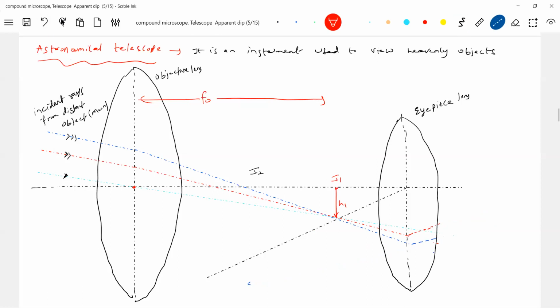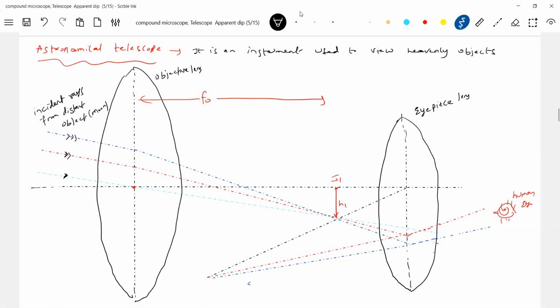Let me adjust it. This is the human eye. This is our final image, H2, this is I2. Okay, these are the rays. Three arrows, I'll show it. Two arrows. This is one. Finally, this will be two arrows.